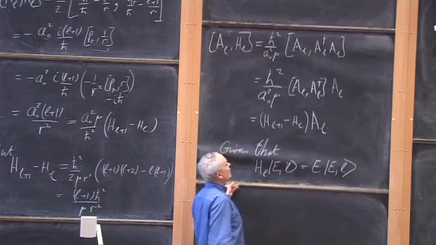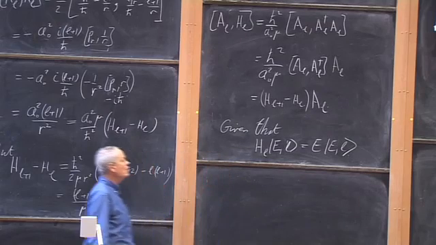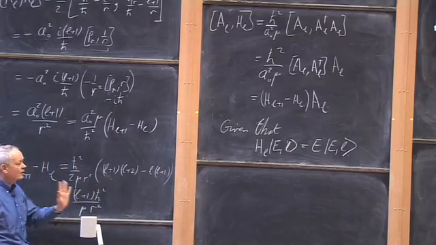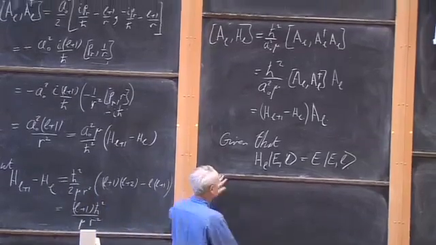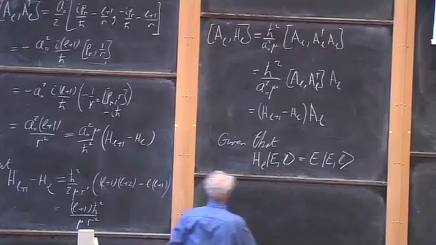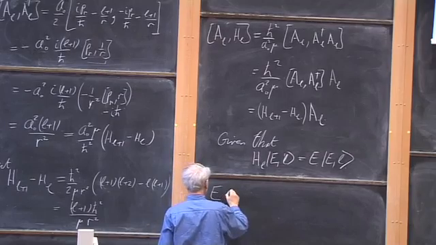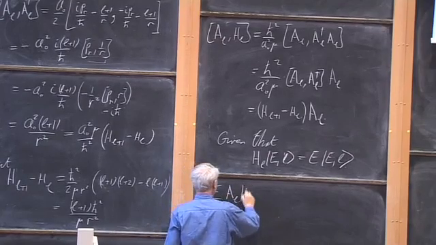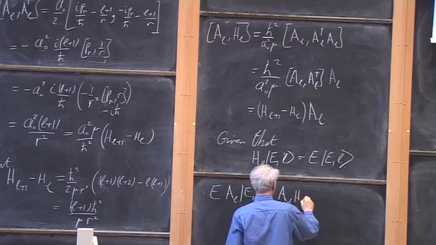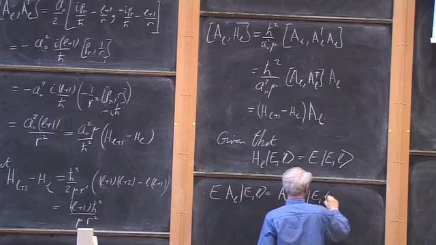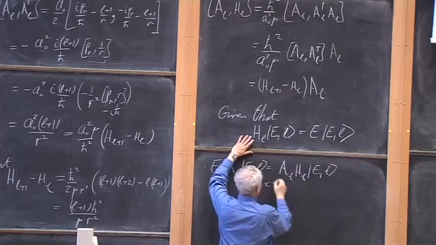What we want to do is make ourselves a new stationary state from the one we've got, by multiplying by AL, obviously both sides of the equation. So let me write down the right side of the equation first. This implies that E, which is a boring number, times AL, E and L is equal to AL, HL of E and L. Usual business, swap these over.